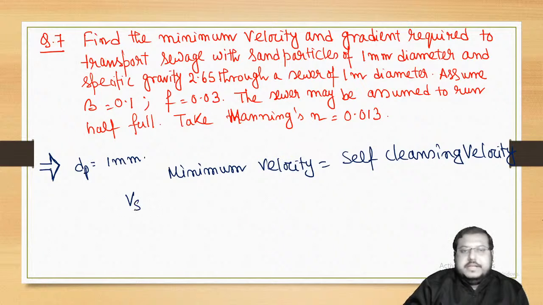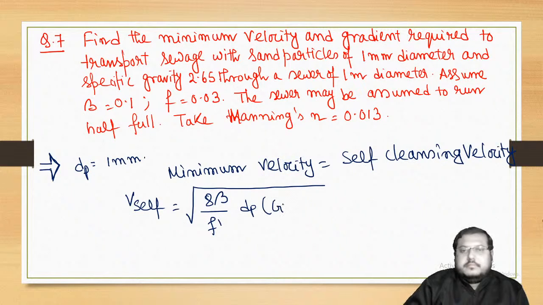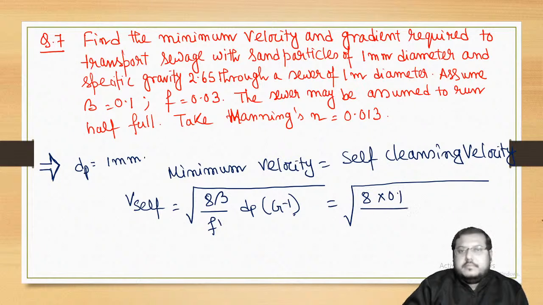So V self is equal to square root of 8 beta by f dash into g into (S minus 1) into d, where f dash is the Darcy-Weisbach friction factor. It's 1 into 10 to the power minus 3.